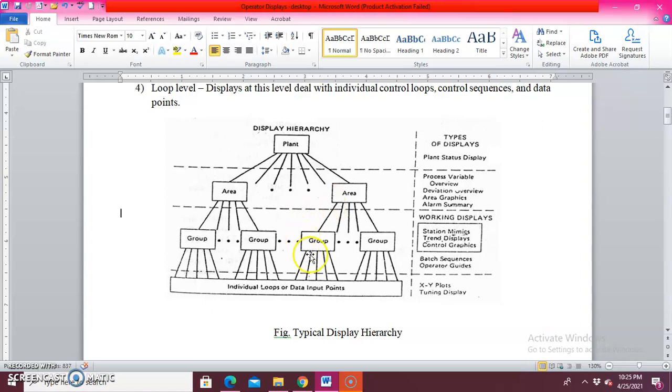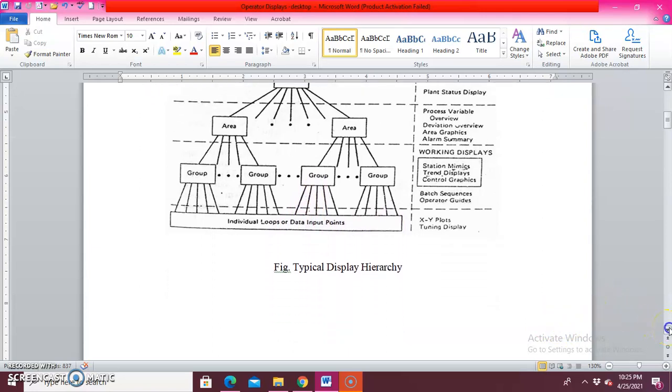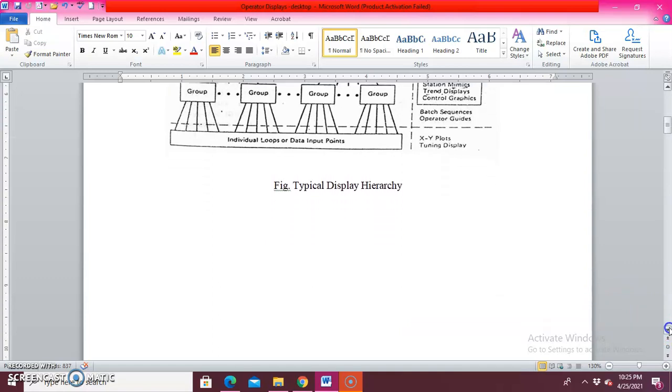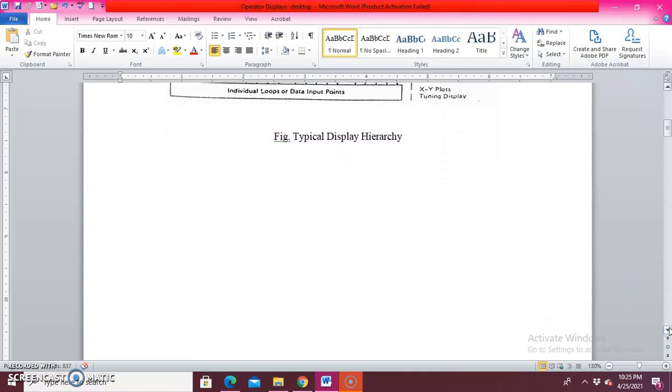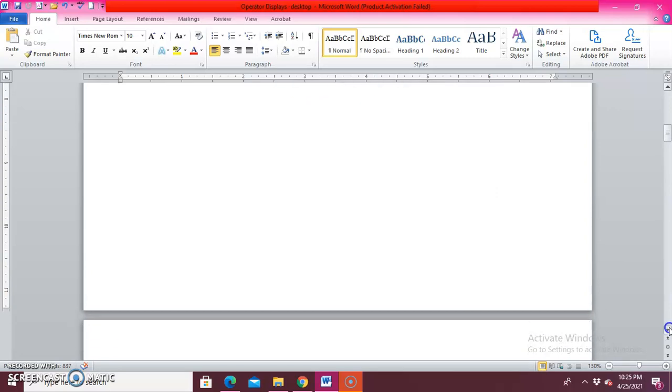Then the third block is your working display, which consists of station faceplates, trend display, and control graphics. Finally, the last one is your individual loops, which consist of the display of XY plots as well as tuning displays. So this is the overall block diagram of your display blocks.